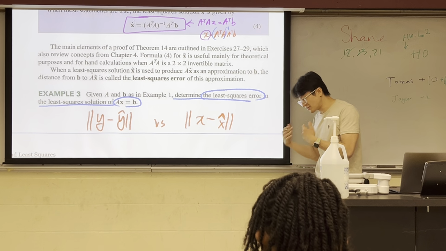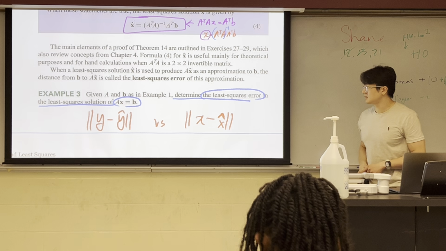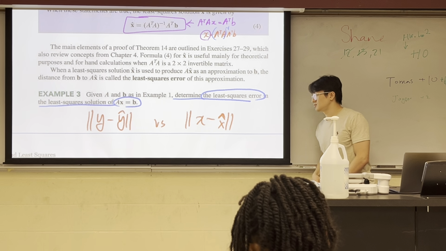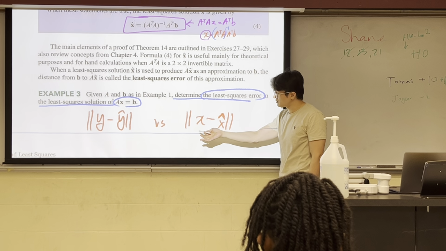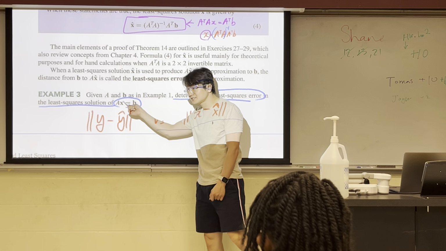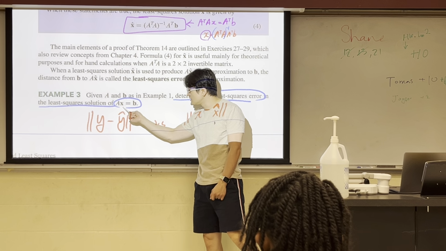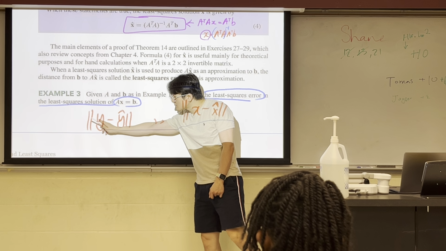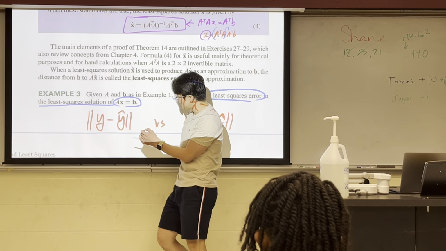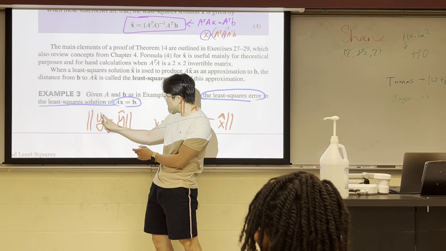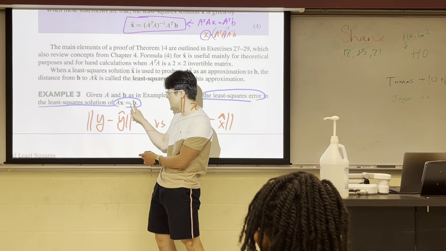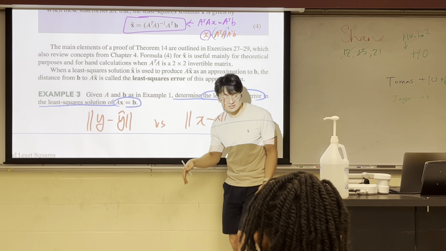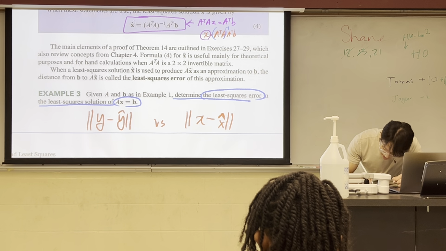Generally speaking, in mathematics, y is output, x is input. So do you see the difference? So we're using Ax. We don't have y. So what is the corresponding term to y here? Is it Ax or b? Ax is equal to b. So this is b.